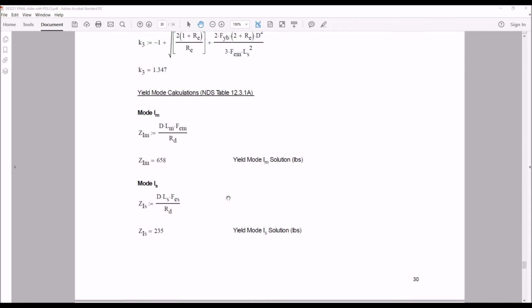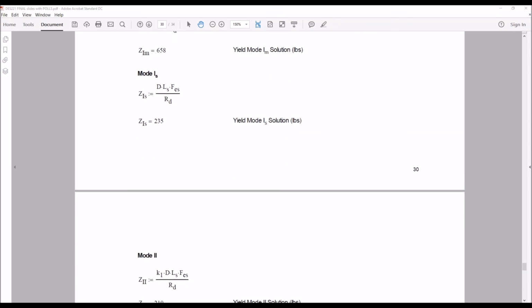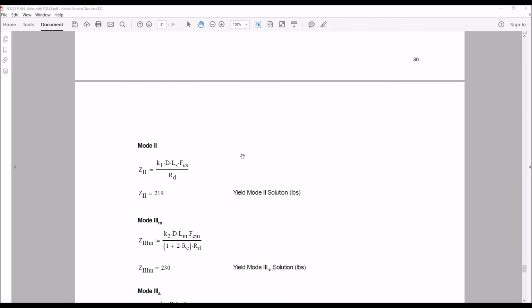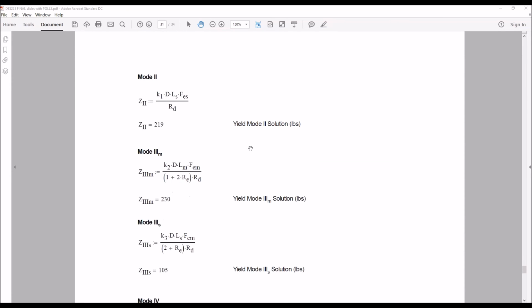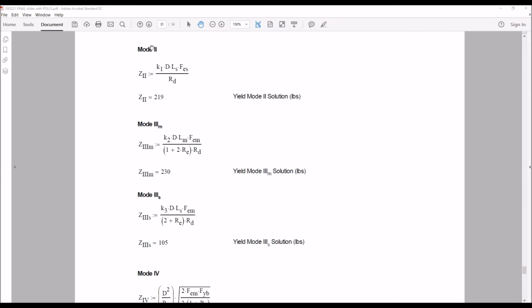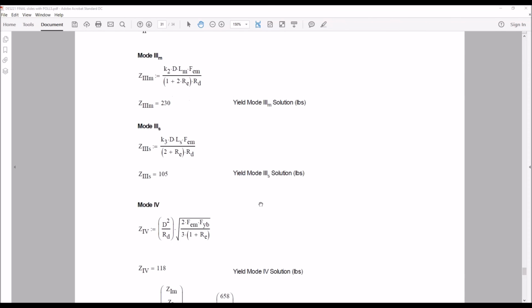The next modes we're going to look at, the equations look a little more complicated with those K factors and such because they are modeling slightly more complicated failure modes. So you'll see the solutions here for mode 2, for mode 3M and 3S, again 3M being main member, 3S being side member, and then mode 4.